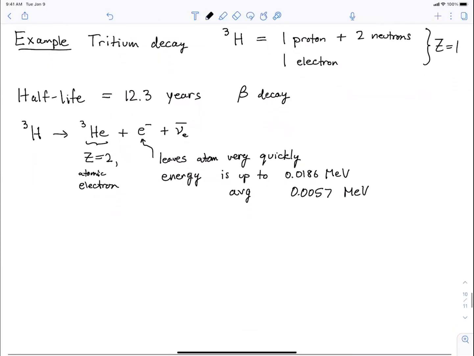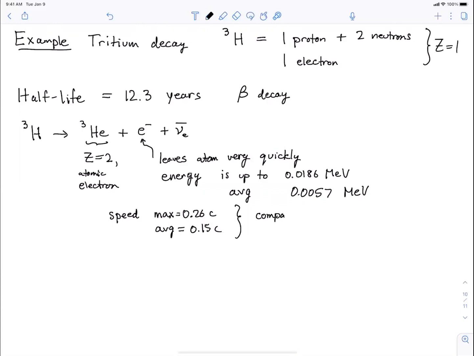But if you compare that to the rest mass of that electron and do some relativity, you find out that the maximum speed of it is about a quarter of the speed of light. And the average, we're just plugging in the energies here. Okay, so the average speed it has is about 15% of the speed of light. And those things are to be compared to the average speed of an atomic electron in hydrogen.